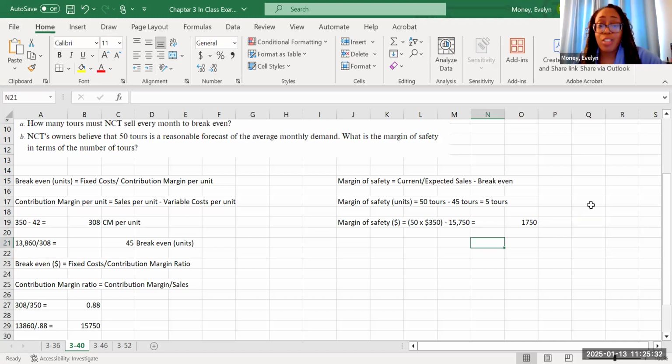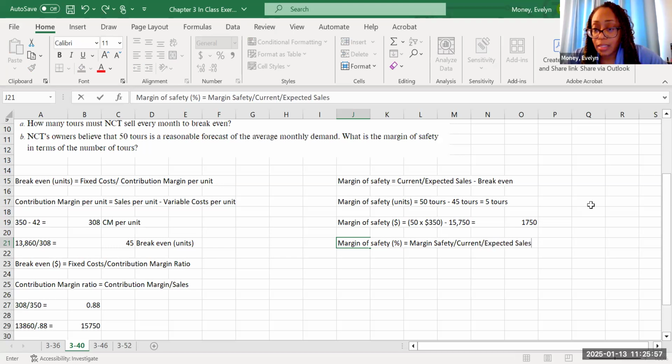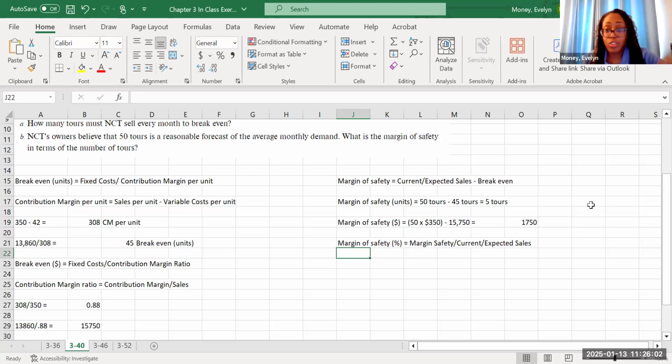Now, let's see the margin of safety in terms of a percentage. Here my formula does change a little bit. It is the margin of safety divided by the current or expected sales. Again, you have to make sure you're comparing apples with apples, oranges with oranges.